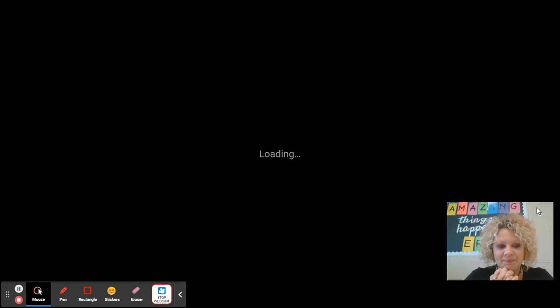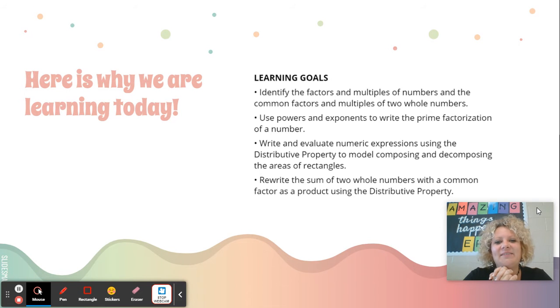We're going to identify the factors and multiples of numbers and the common factors and multiples of two whole numbers. We're going to use powers and exponents to write the prime factorization of a number. We're going to write and evaluate numeric expressions using the distributive property to model composing and decomposing rectangles and their areas. And we're going to rewrite the sum of two whole numbers using the common factors of the product with the distributive property.